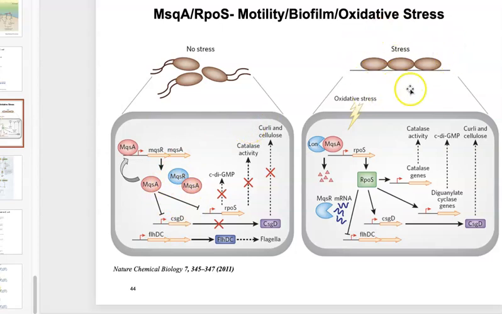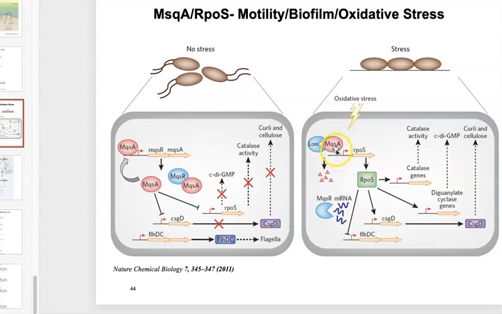Now in the stress response situation over here, MqsA is now being broken down by this protease called Lon.